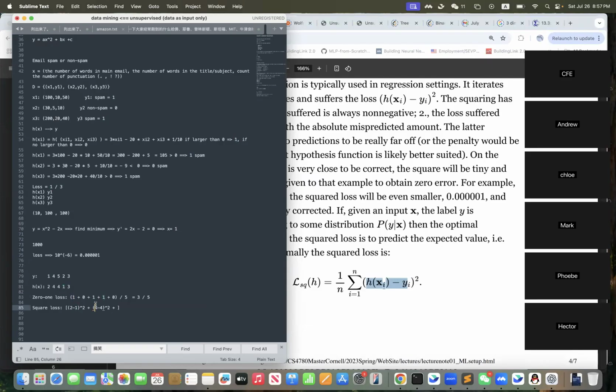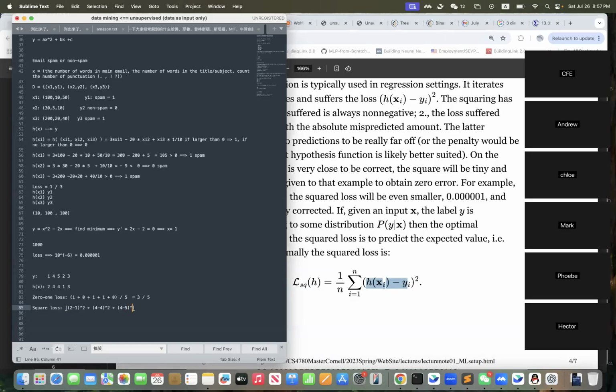And let's continue to finish our square loss function. We already added two terms, and I think the third term should not be hard to write. Maybe Andrew, can you give us the third term and fourth term, maybe also the fifth term in this loss function? So like 4 minus 5 squared.